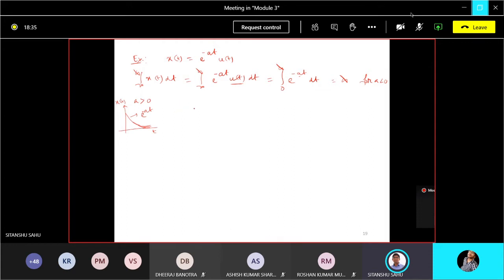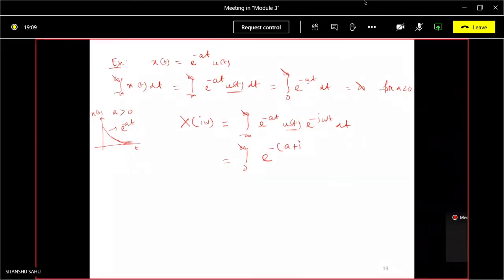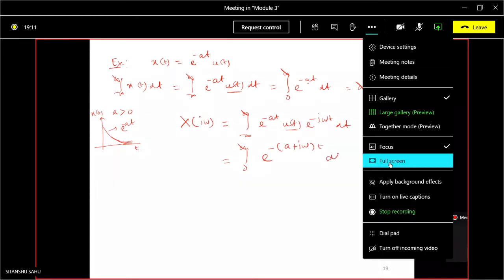Now let us look at the Fourier transform of this signal. X of j omega will be the integral from minus infinity to infinity of e to the power minus at u of t and e to the power minus j omega t dt. Then u of t is valid from 0 to infinity, so the limits become 0 to infinity, with e to the power minus of a plus j omega t dt.